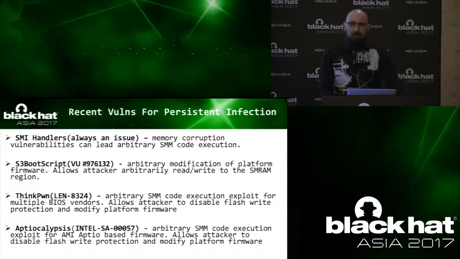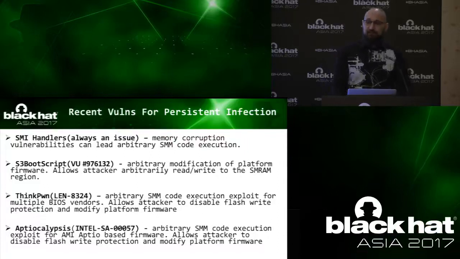ThinkPwn is the issue disclosed by Dmitry Oleksiuk, Cr4sh, last year, and it's a pretty interesting arbitrary SMM code execution exploit, which can directly deliver shellcode for execution in system management mode.